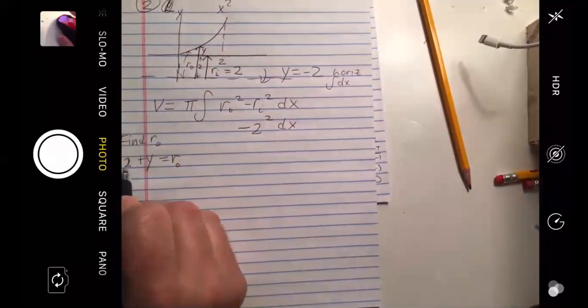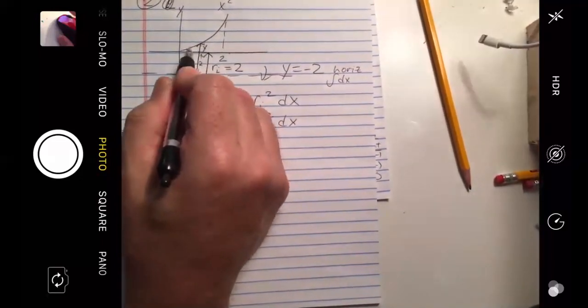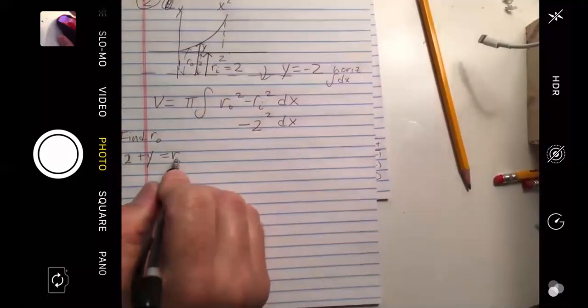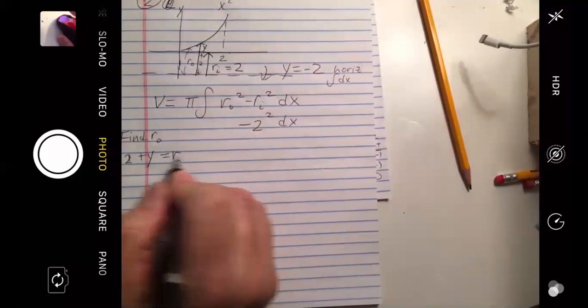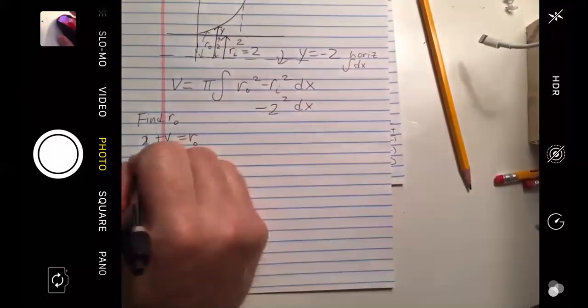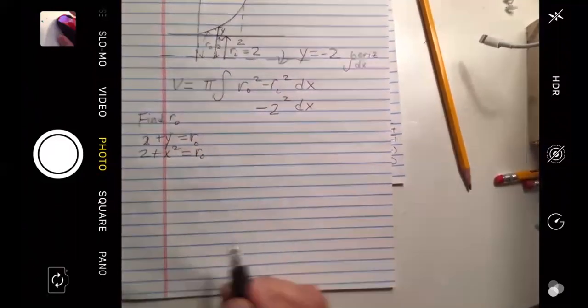So this one's going to go 2 plus your y, 2 here plus your y totals the r outer. And that's what you need. Except you can't use y because of the x on the dx integral. So this is 2 plus x squared equals the r outer.